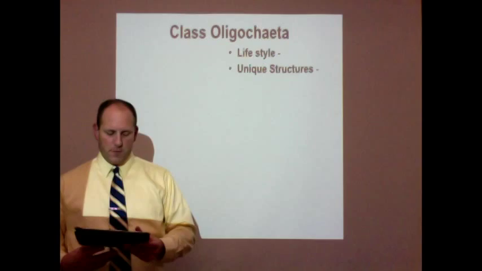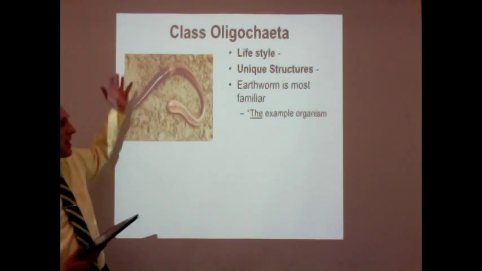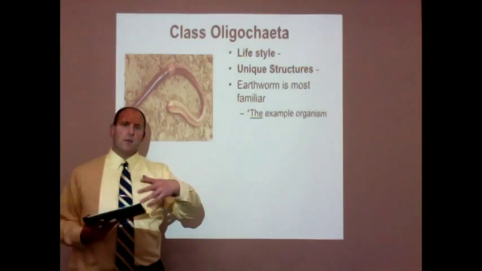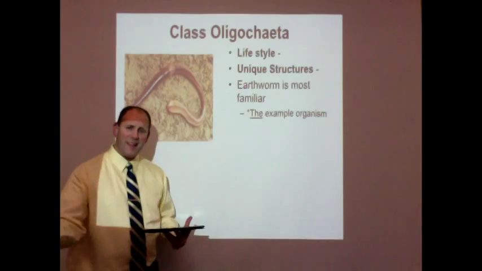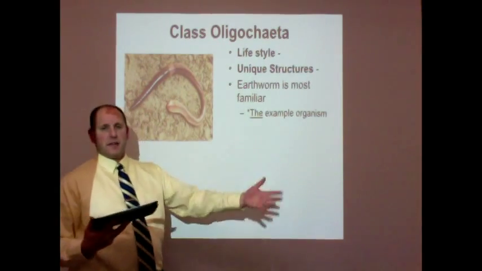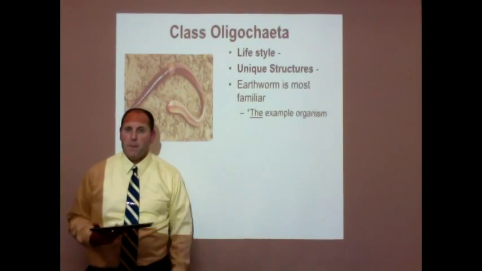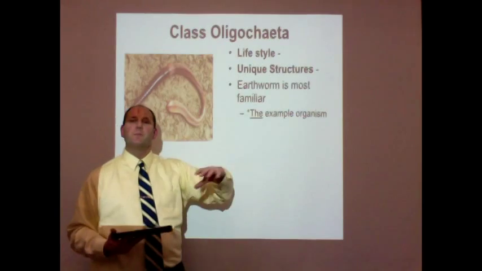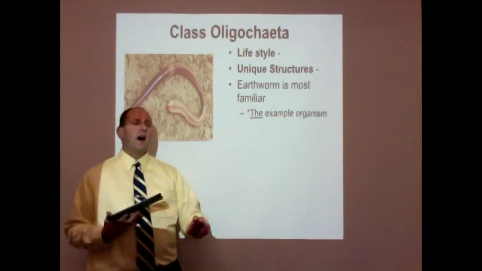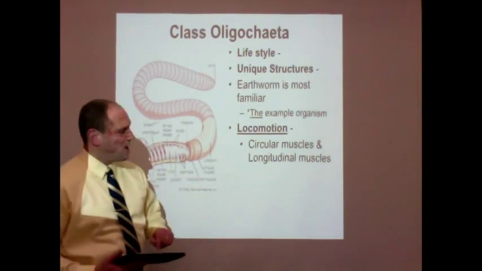The most familiar one is our friend the earthworm, the one that you see on the sidewalks and driveways after a heavy rain, coming out. So we're going to use this earthworm, since most people are a little familiar with them, as the example organism for all of the annelids. And so we'll talk a little bit more about these particular ones.